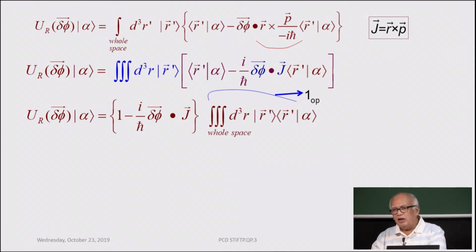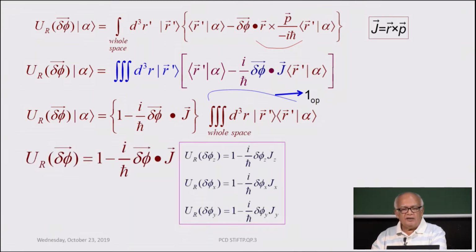We can remove it now, just as easily as we inserted it, and you get an operator identity, alpha being a completely arbitrary vector. Then the operators which operated on that must be necessarily equal.